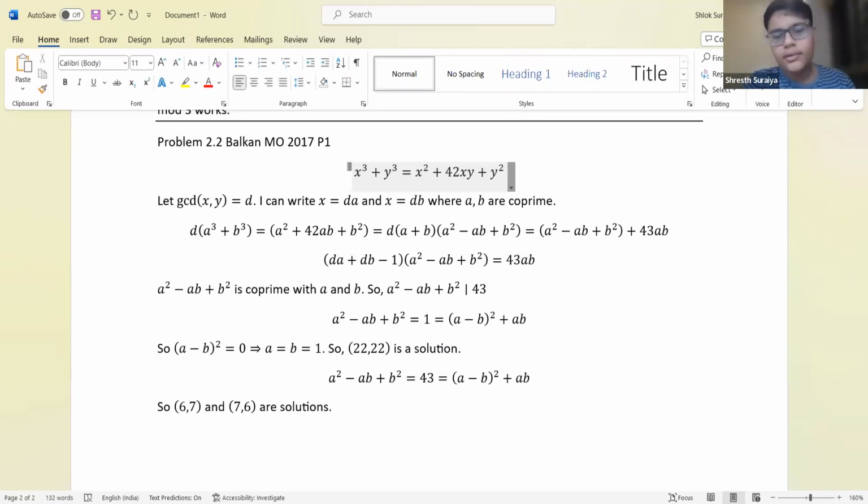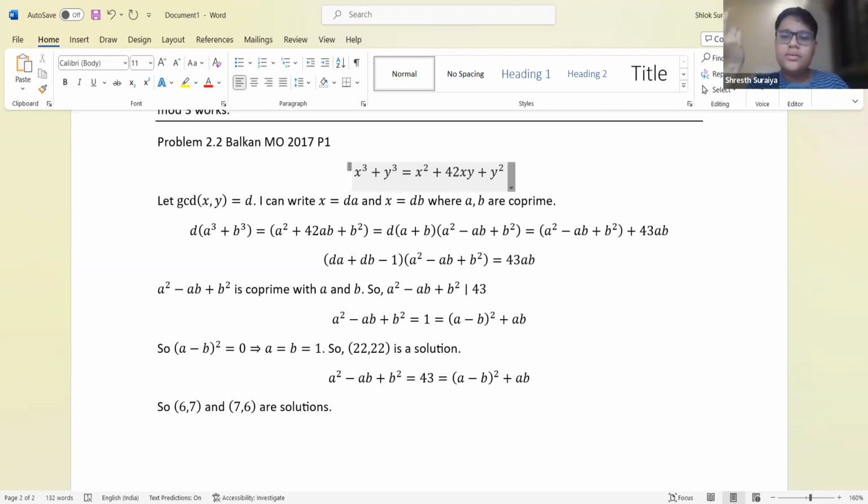are solutions. And if (a minus b) whole square is 4, then ab equals 39, and that doesn't give any solution. If (a minus b) whole square equals 9, then ab equals 34, like 2 and 17, or 1 and 34, so that also doesn't give any solutions, because a minus b is plus or minus 3.